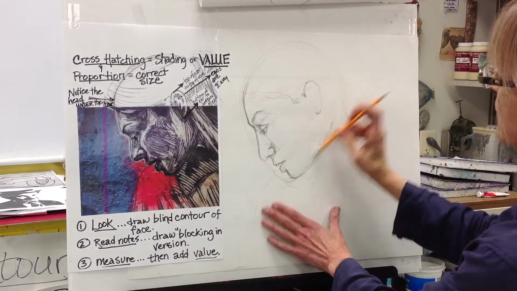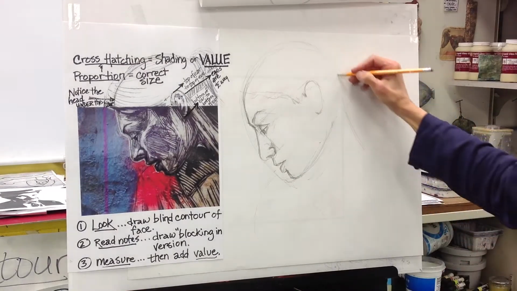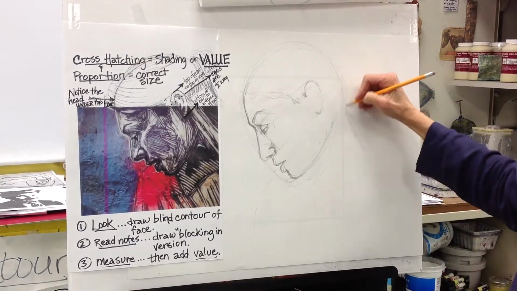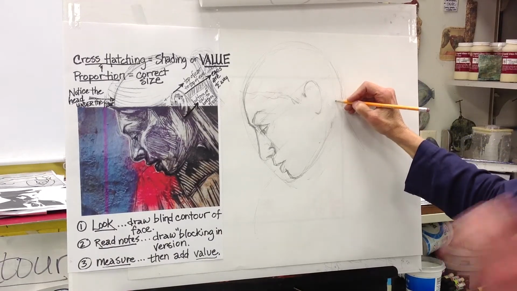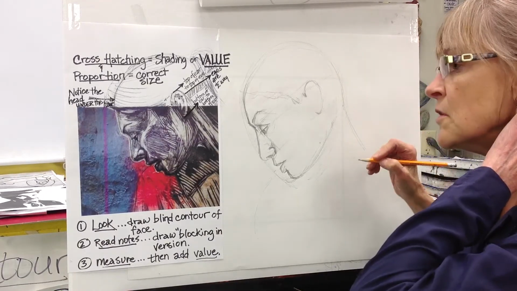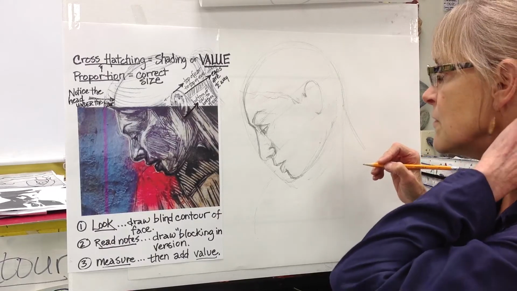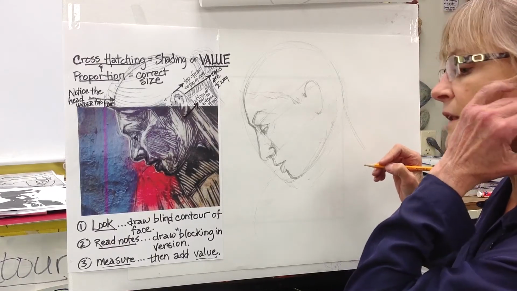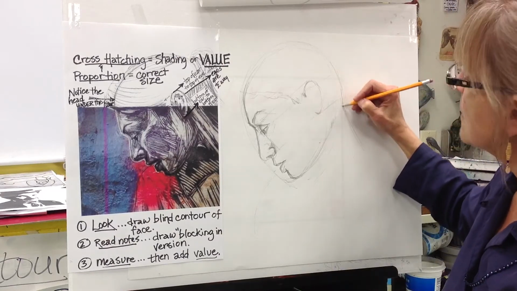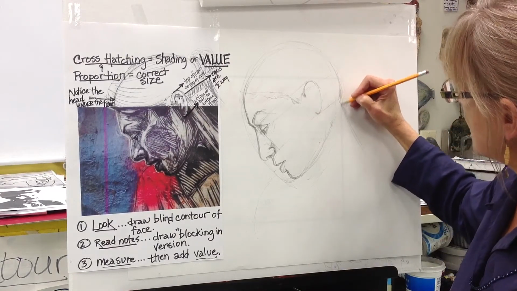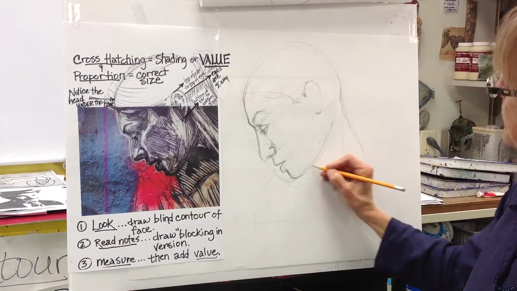Thank goodness for erasers. Then here's another element that quite often gives us trouble. The neck starts up right behind the ear. You can feel on the back of your neck and where it joins the skull and line it up with your ear. So feel that, and then let's get her head lined up correctly with her neck.